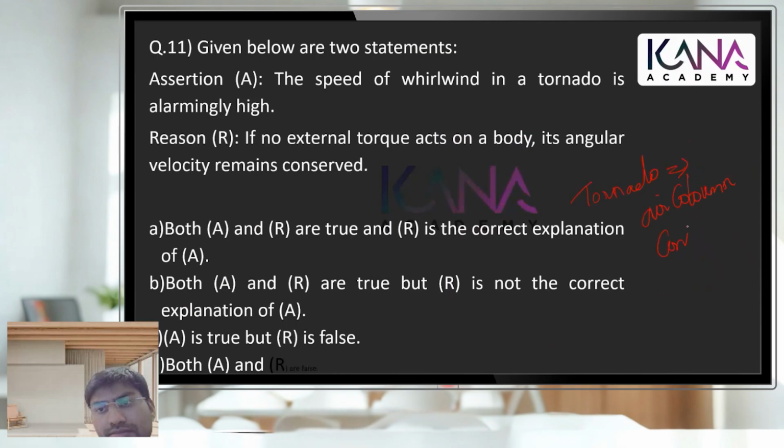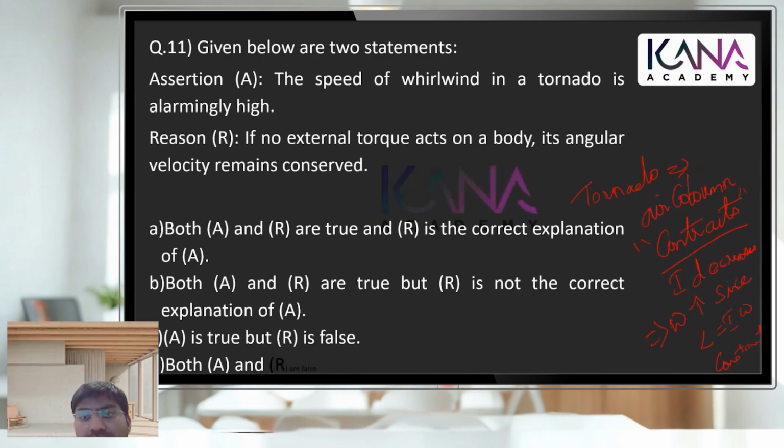the air column kind of contracts. So when the air column contracts, I decreases. Think of this R value. R is decreasing, so I also decreases. Then omega increases, since L is equal to I times omega, which is a constant.